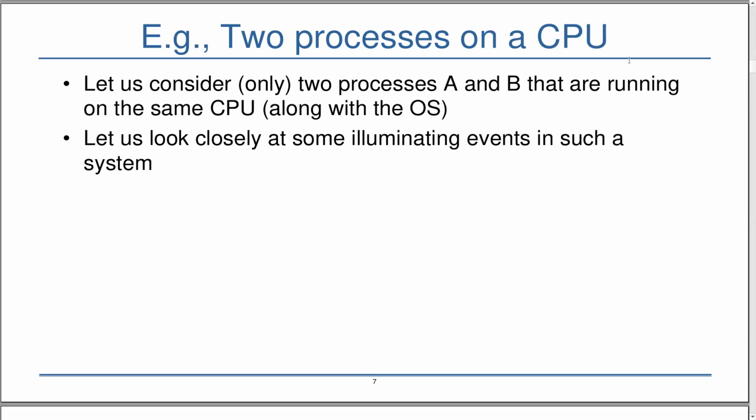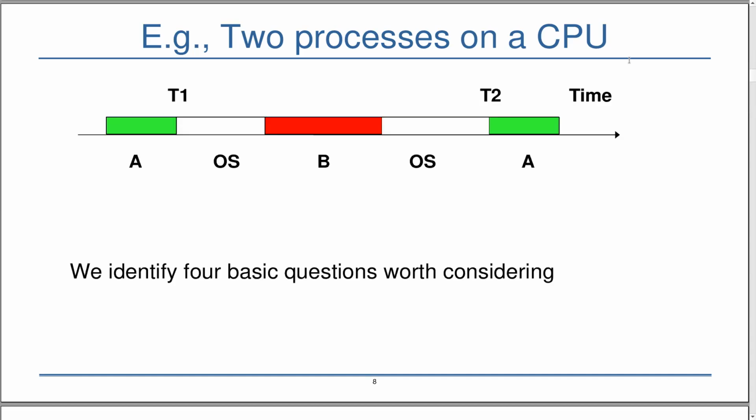Let's assume that the 2 processes run on the same CPU, and let's take a look at what will happen there. So we have process A, then we have process B, right?